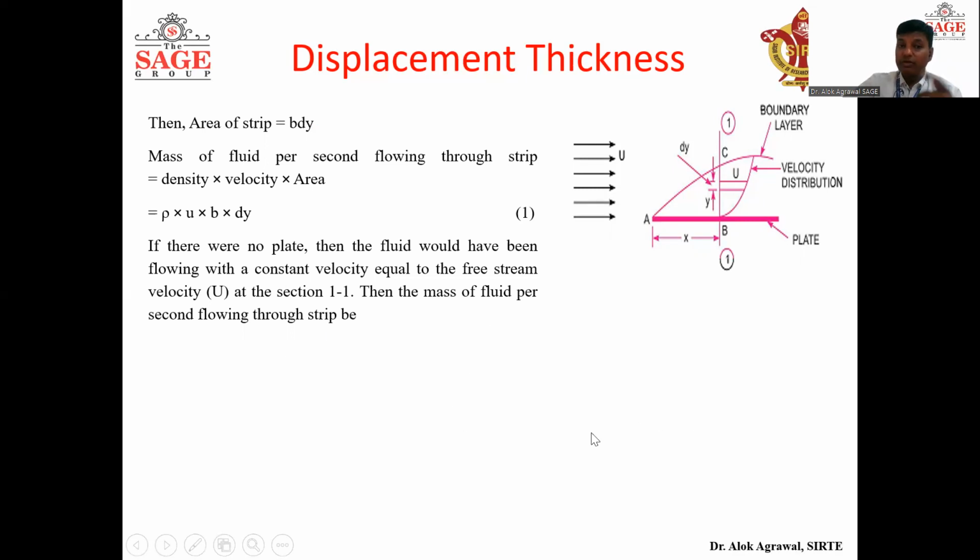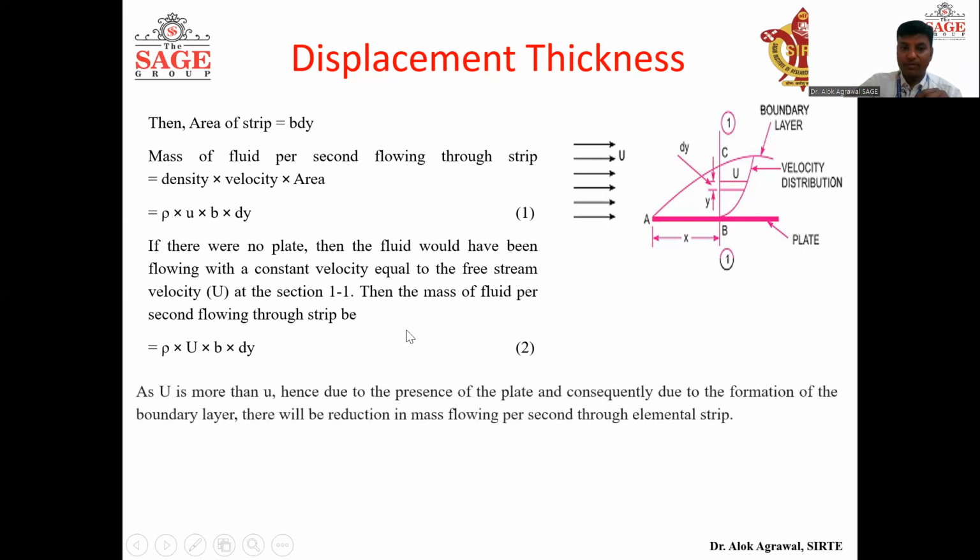In that case, what will be the mass of fluid flowing per second? It will be rho, density will remain the same fluid, velocity will change to capital U, and the area of strip will remain b into dy. Give this equation 2. So this is the mass flow rate when the plate is present, and this is the mass flow rate when the plate is not present. Now it is obvious that capital U is greater than small u.